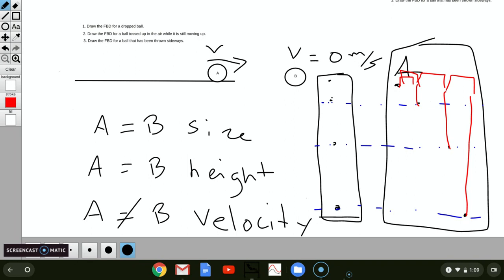So object A has horizontal motion and vertical motion, where B just has vertical motion. What ends up happening is they both have the same vertical motion. Why? Because they both have the same net force acting on them. However, A has some horizontal motion at the same time. Its horizontal motion is constant, and it does not depend on the fact that its vertical motion is happening.